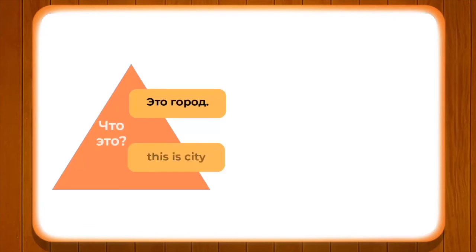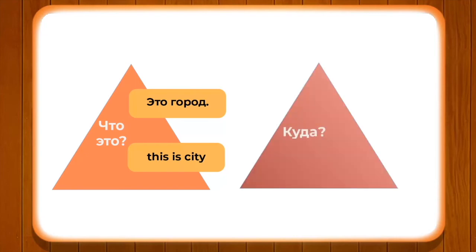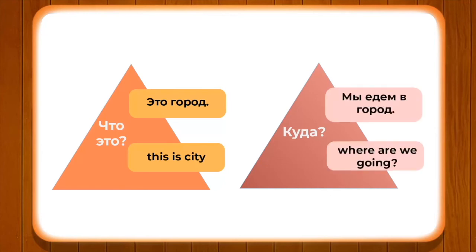Now the next question: это город. This is a city. Что это? Это город. You can also use куда. Куда мы идем? Where are we going? Мы идем в город. So these are masculine gender nouns like музей, город, and the next one is санаторий. The ending does not change. The third question: что это?